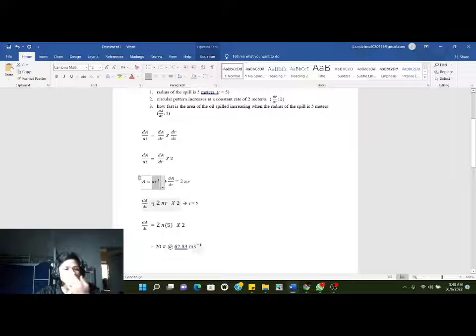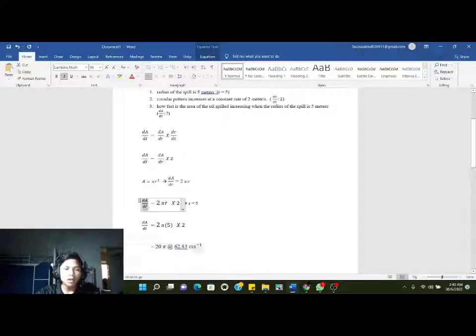In the equation, just replace dA/dr with 2 pi r and then times 2, so we get dA/dt.